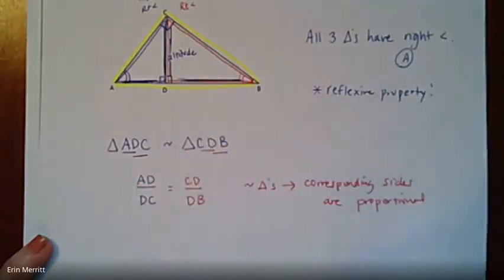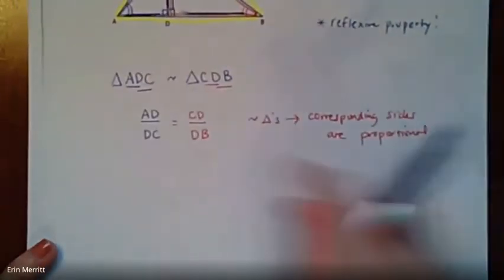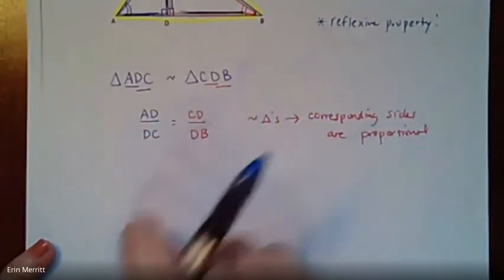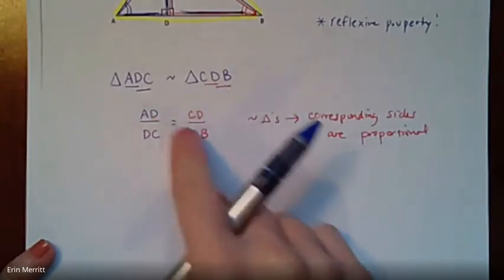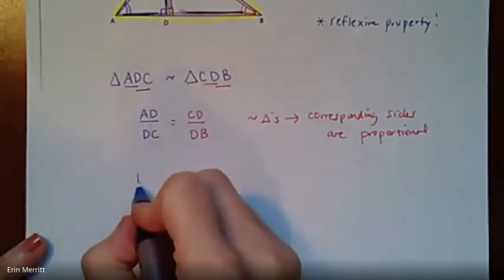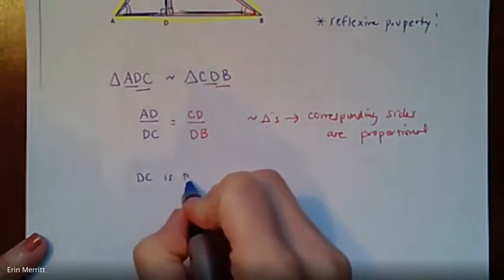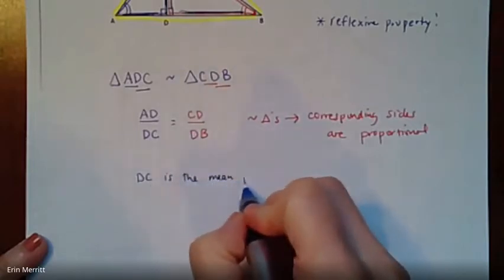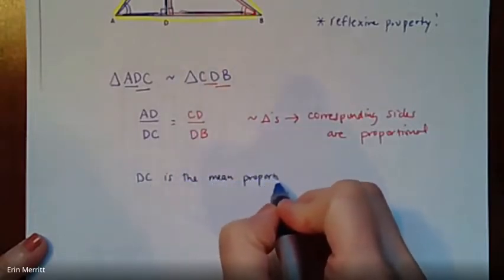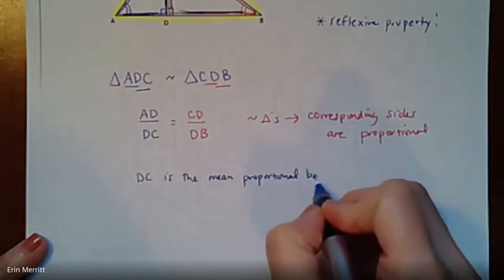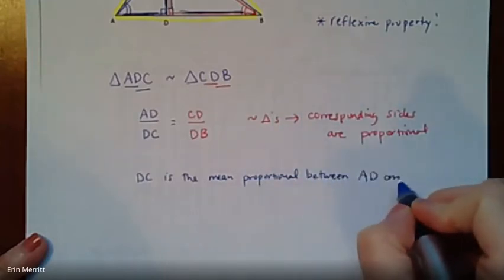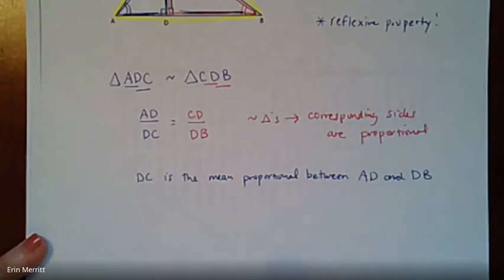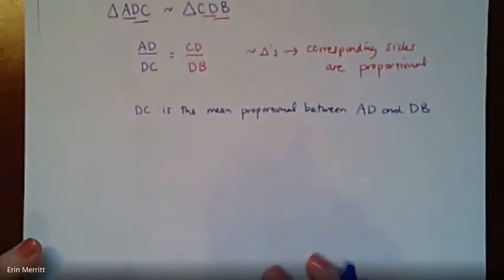So what we're showing is that segment CD or DC, call it what you will, is the mean proportional between AD and DB. So DC is the mean proportional between AD and DB.